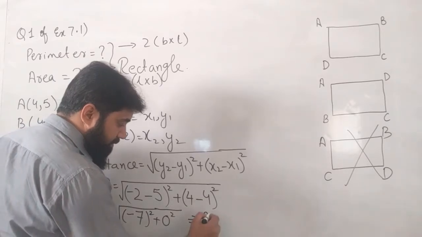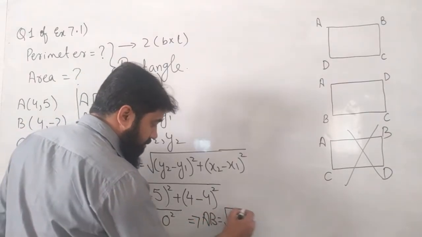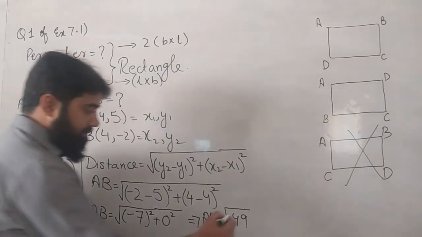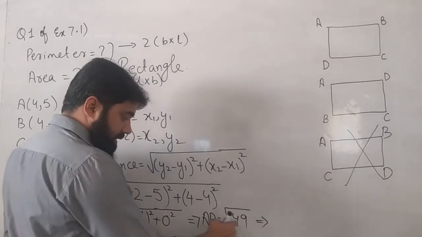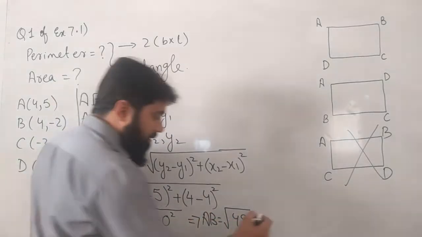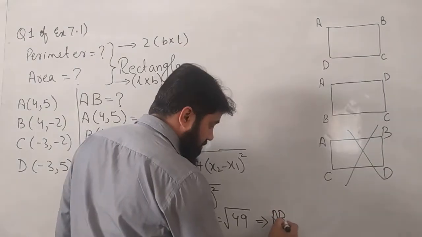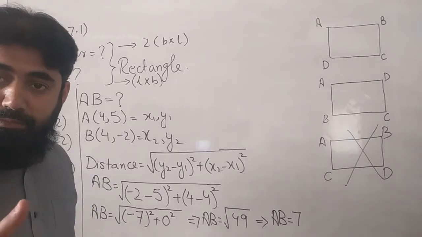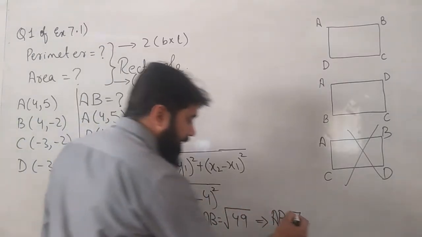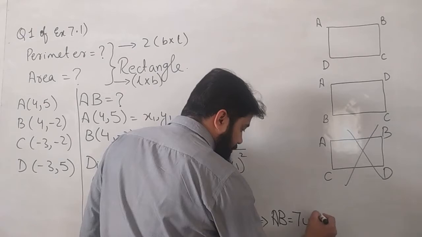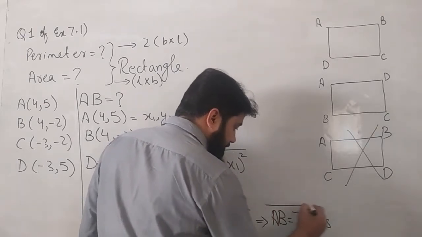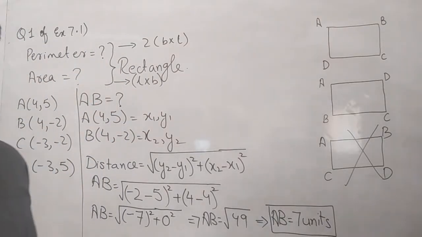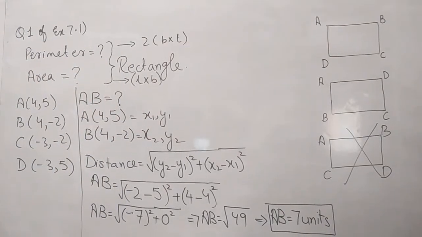So AB equals under root 49, and the result will be AB equals 7. Don't write centimeter, millimeter, kilometer, you will write 7 units, and that is your result for AB. I have found the value of AB.